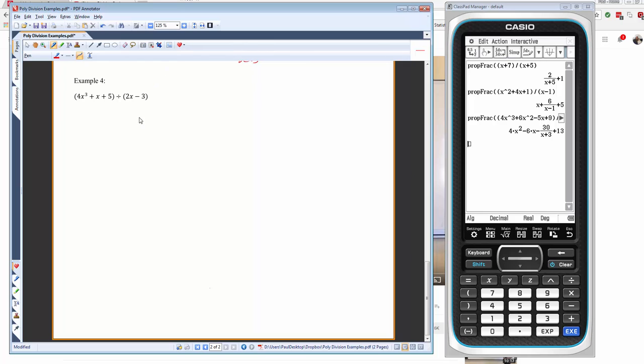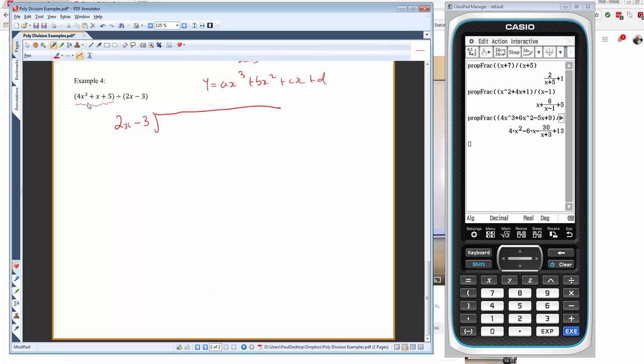So last example here, and it's a bit of a tricky one, so let's see how we go with that. So we're going to put 2x take 3 into, now remember in class that last example that we did, we want to beware of this situation here. When we're dealing with cubics, I like them in the form ax cubed plus bx squared plus cx plus d.